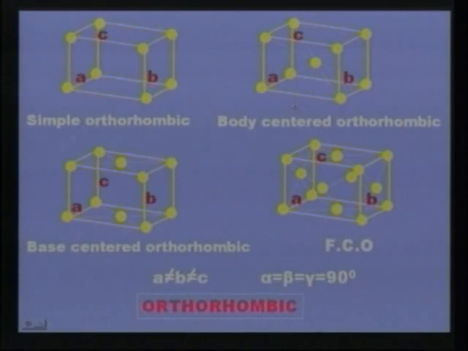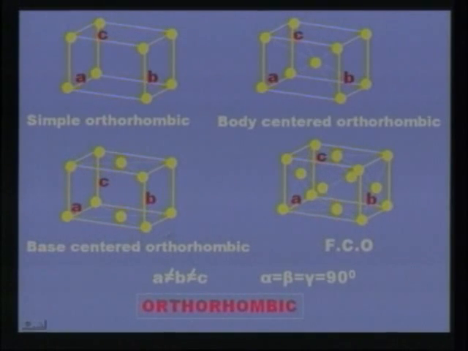In body centered orthorhombic, a center atom is arranged including the atoms arranged at the corners. Now base centered orthorhombic: in the base centered orthorhombic, there is one atom on one base and another atom on the other base.